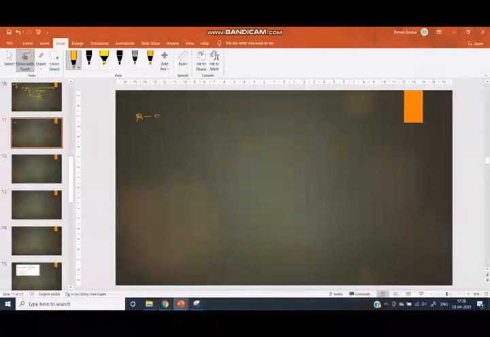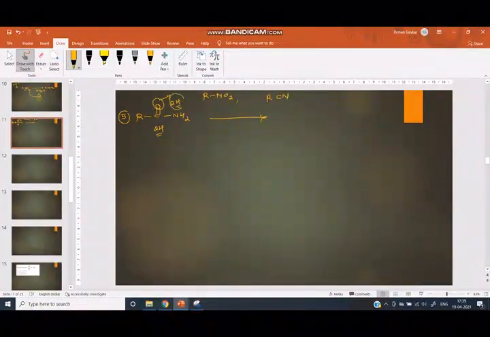Now we can see another reaction. First we used RNO2, then we used RCN. Here we use amide. This is the fifth method. This is the amide. If we add two hydrogens here and this one oxygen is removed, here we add two hydrogens, then we get RCH2NH2 and oxygen is removed in the form of water.